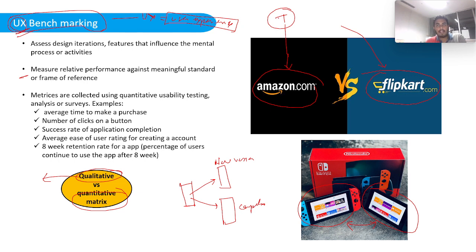We can ask a particular person, how do you feel after finishing your buying process? That particular user can say it was very easy. Someone may say it was confusing. Now see the difference in the answers.